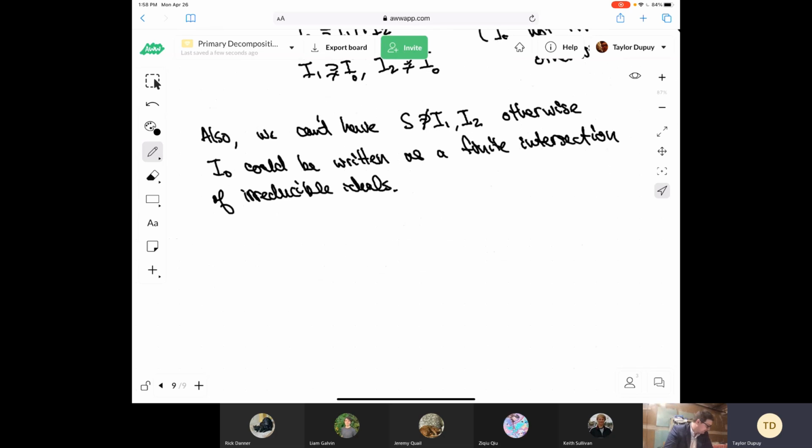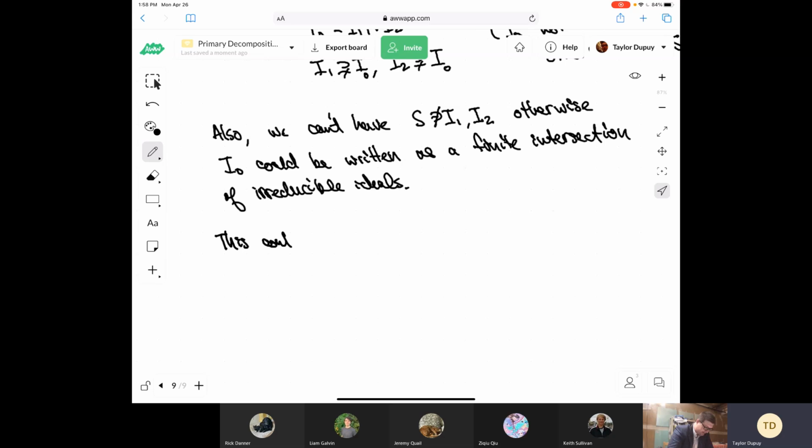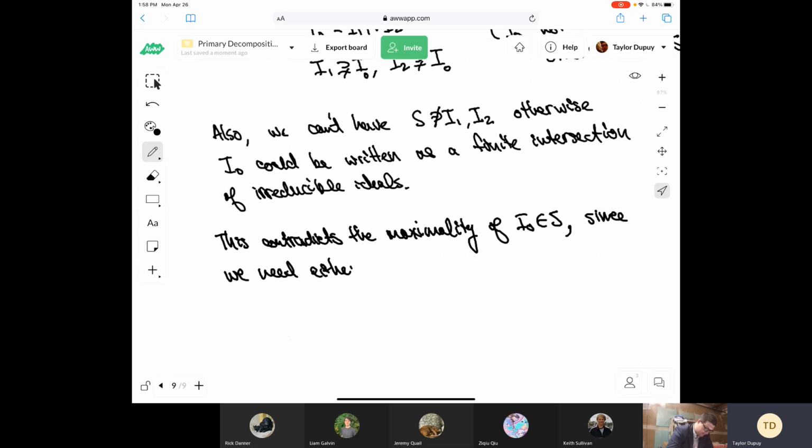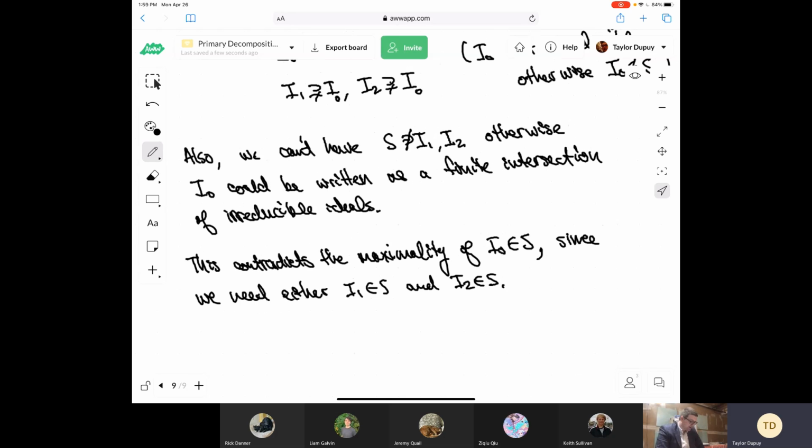Okay, so this gives us a contradiction. It contradicts the maximality of I0 in S, since we need either I1 or I2 to be in S. So one of them needs to not have a primary decomposition for I0 not to have a primary decomposition.